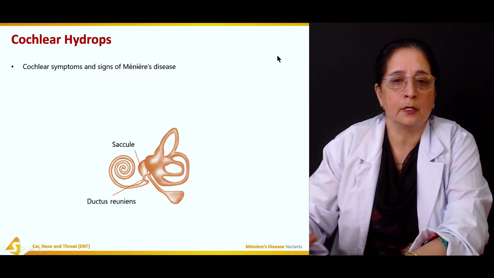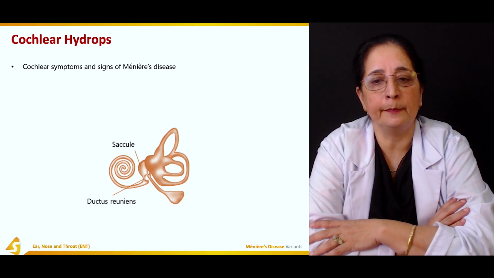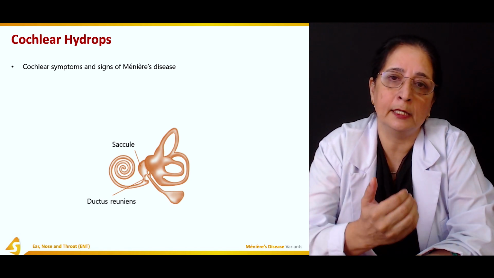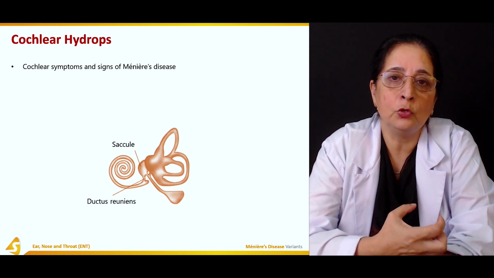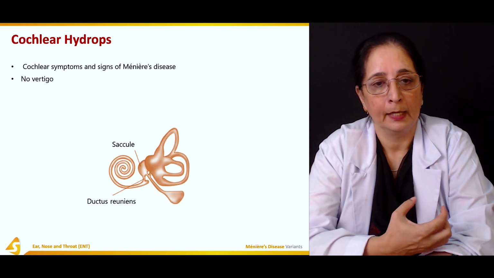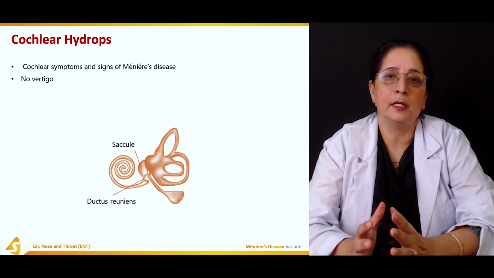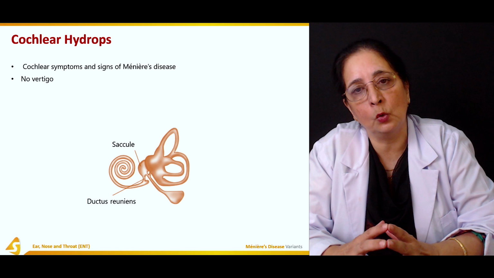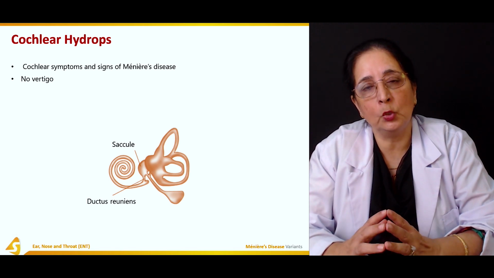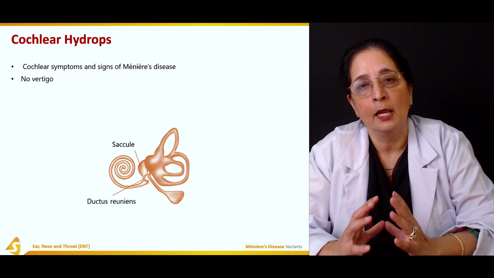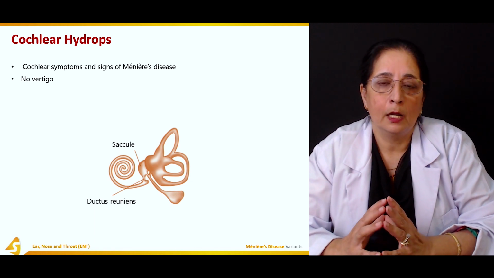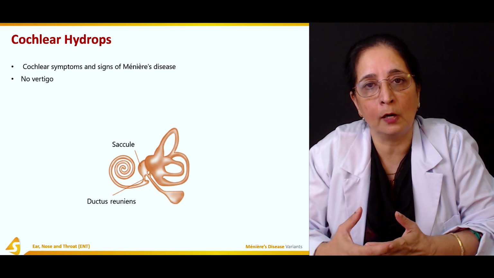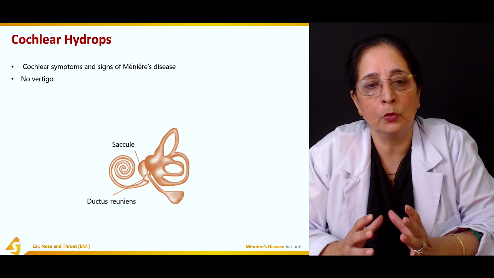Cochlear hydrops is the cochlear symptoms and signs of Meniere's disease, which are mainly due to cochlear hydrops. And there is no vertigo. Balance and vertigo are mainly associated with the vestibular portion of the endolymphatic system. So when the cochlea is involved, there is no vertigo present.